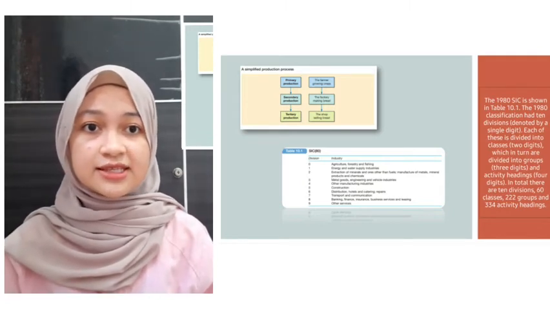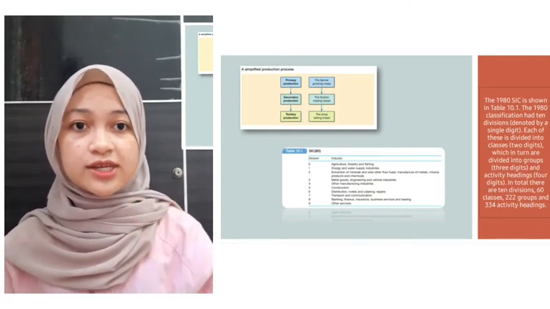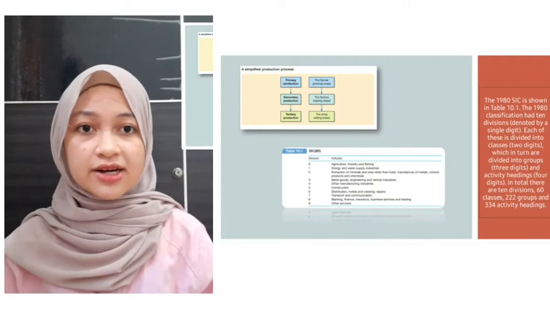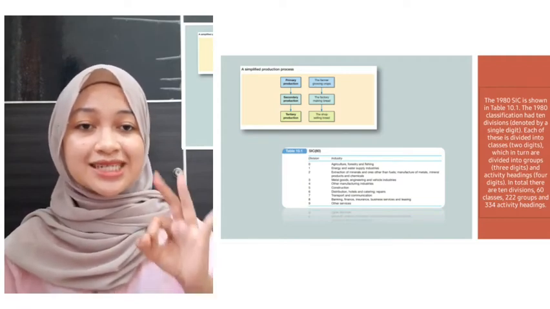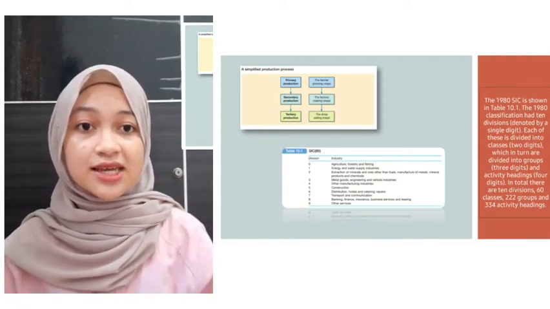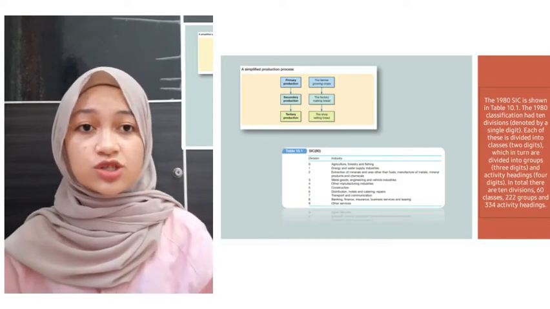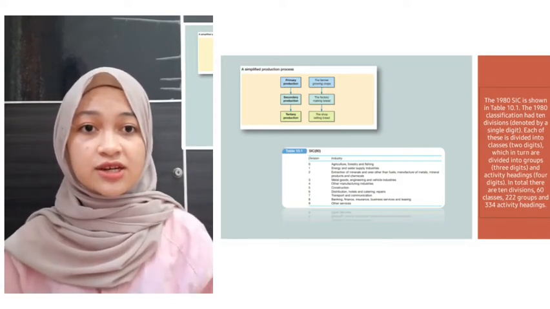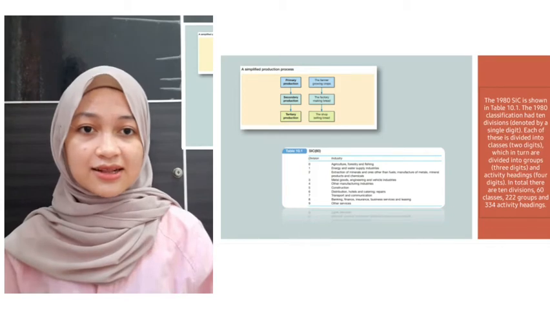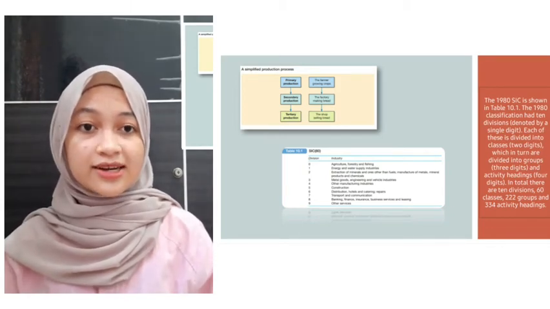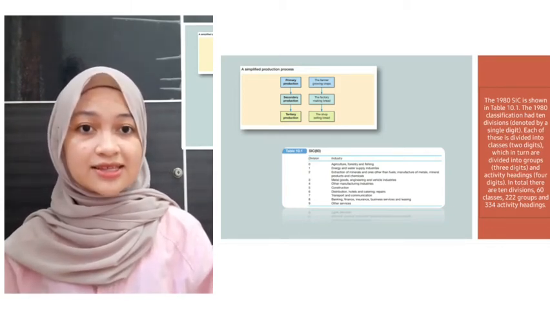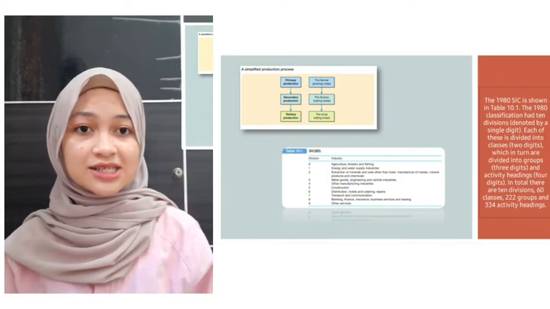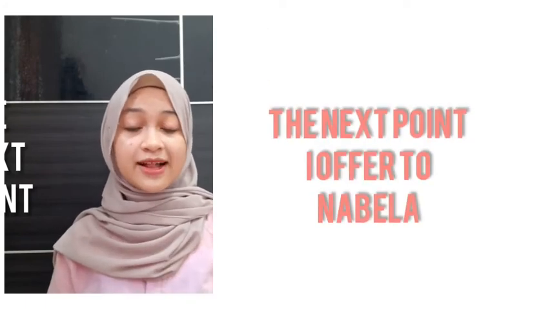Each of these is divided into classes (2 digits), which in turn are divided into groups (3 digits) and activity headings (4 digits). In total, there are 10 divisions, 60 classes, 222 groups, and 334 activity headings.